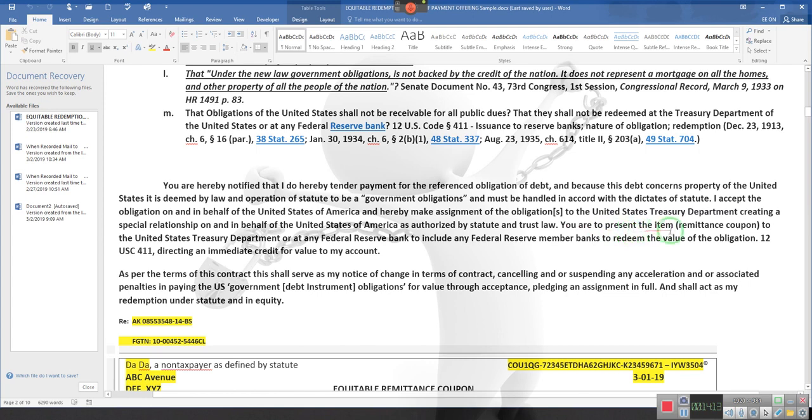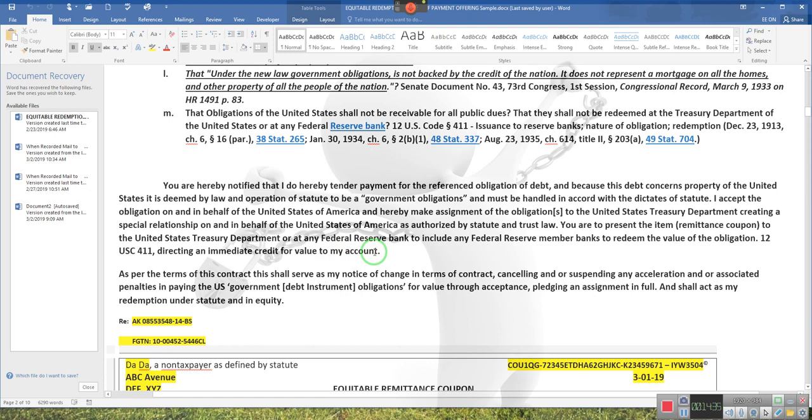You are to present the item, remittance coupon, to the United States Treasury Department and or any Federal Reserve Bank, to include any Federal Reserve member bank, to redeem the value of the obligation, 12 U.S.C. 411, directing an immediate credit for value to my account.